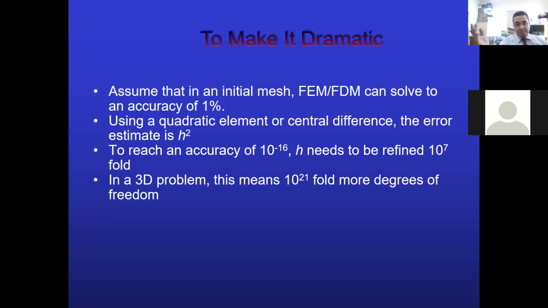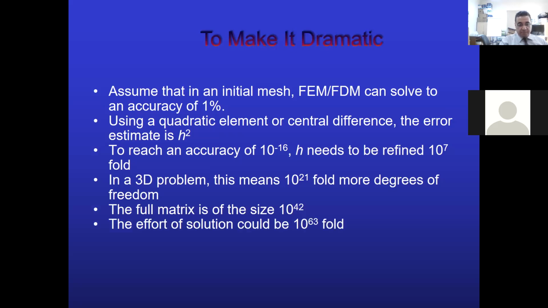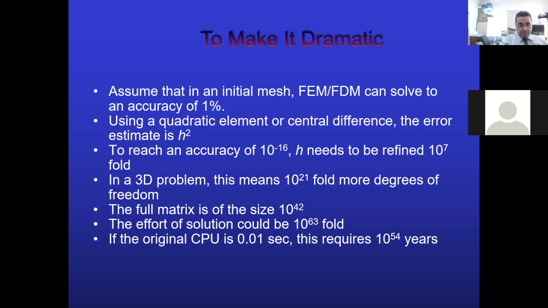So in a 3D problem, 10 to the 7-fold means 10 to the 21st fold in degrees of freedom, and your matrices will need to be 10 to the 42 elements. And then you would take this cubed, the number of operations would be 10 to the 63 fold.